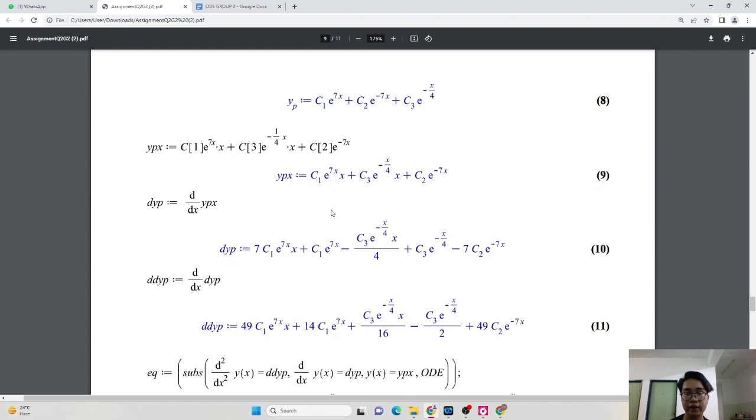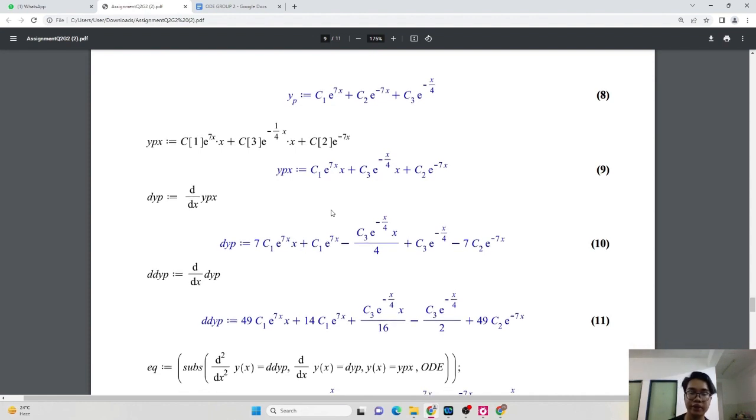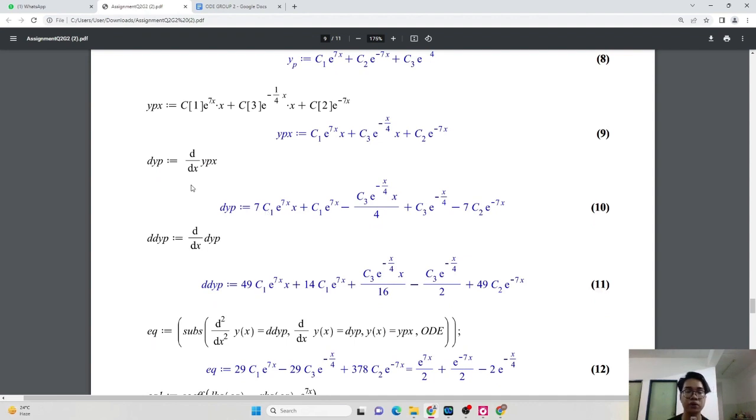The answer we get is yps equal C1 exponent power of 7xx plus C3 exponent power of negative x over 4x plus C2 exponent power of negative 7x. And the 10th step is dyp equal d over dx ypx.